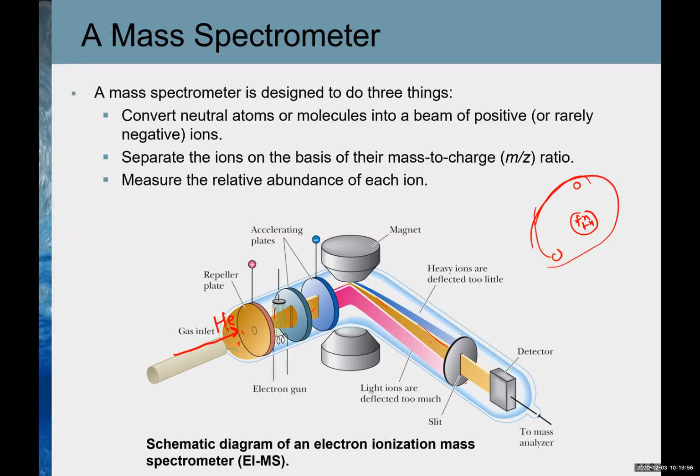So what happens is when this helium enters, this is called the ionization chamber. In the ionization chamber, you see these dotted lines there.